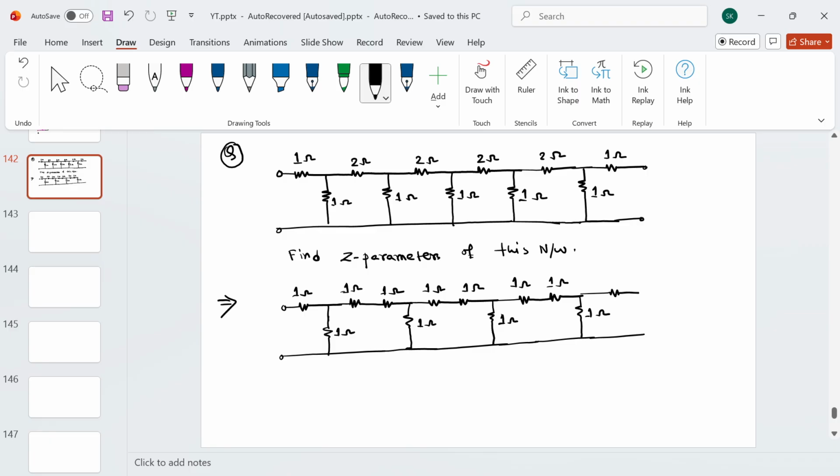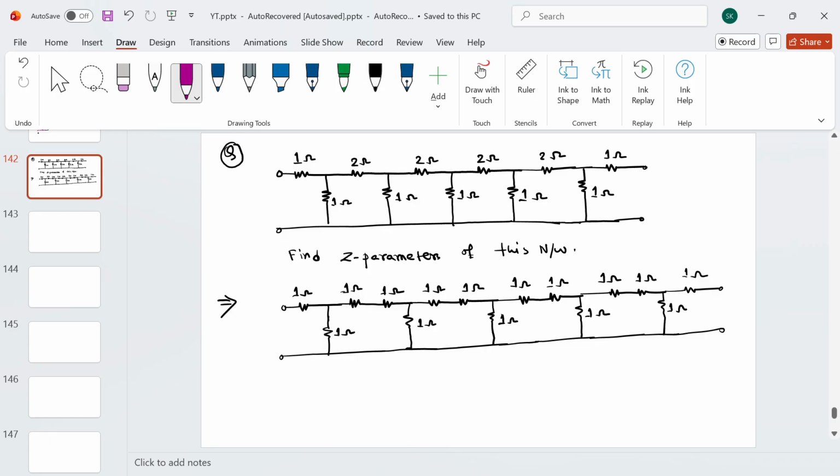So you can split this 2 ohm into two 1 ohms.